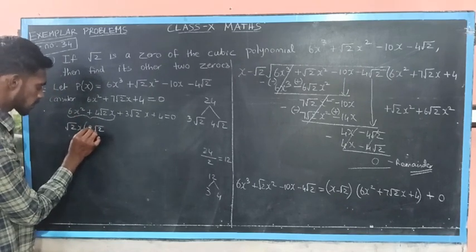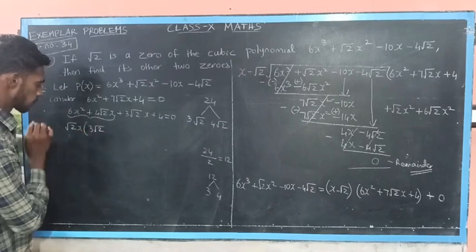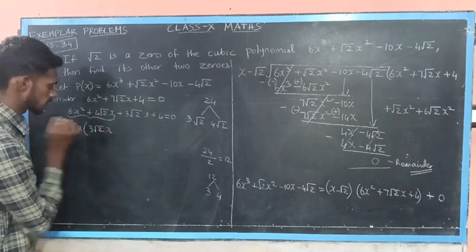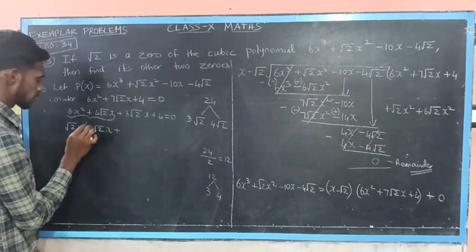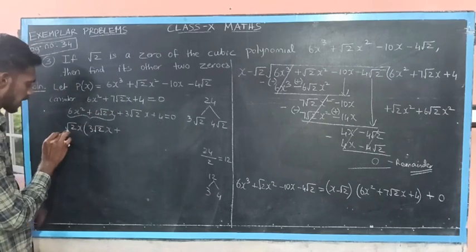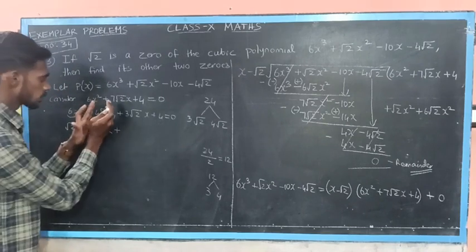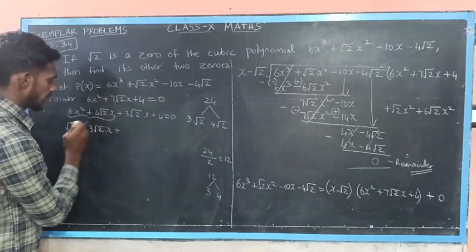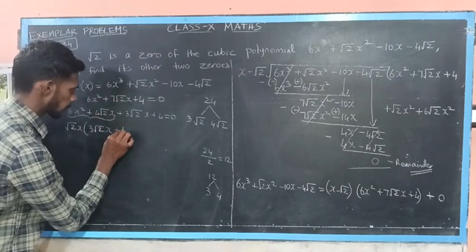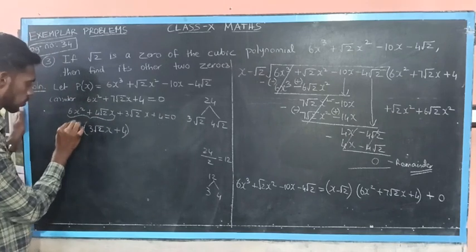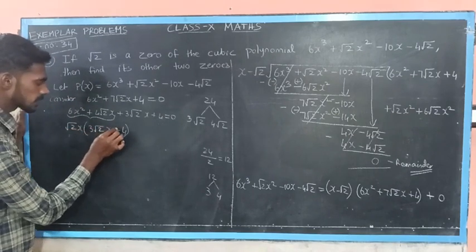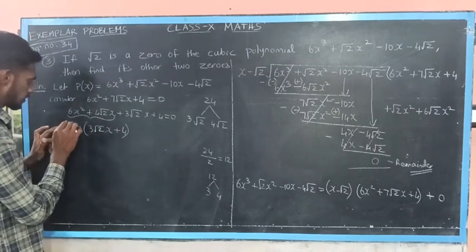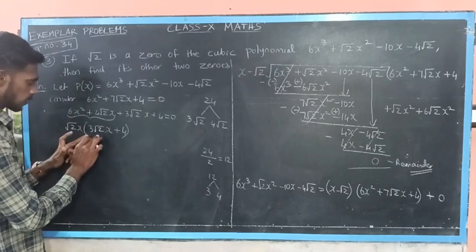So from the constant part I am taking 3 root 2. Okay. Then the remaining x, then plus 4 root 2 x is present, already we have taken root 2 x, so root 2 x is cancelled, then the remaining is 4. So we have got root 2 x into 3 root 2 x plus 4. Check here, root 2 x into 3 root 2 x.